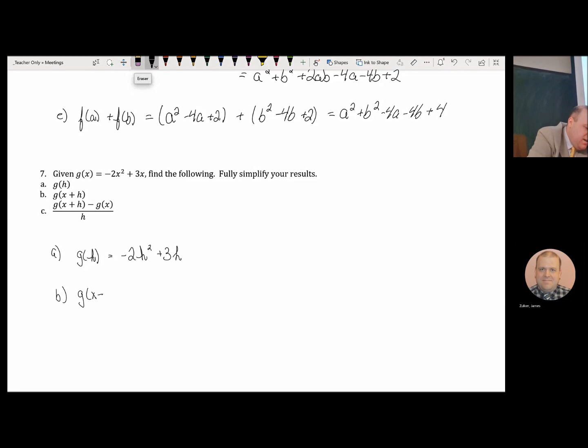Next, we want g of x plus h. And we want negative 2 times the quantity x plus h squared, plus 3 times the quantity x plus h. Right? Now I need to simplify that.